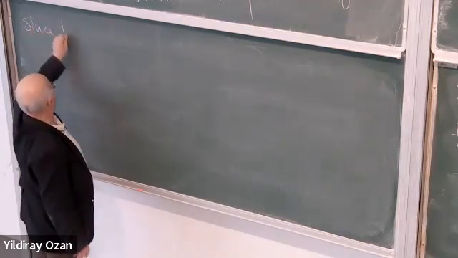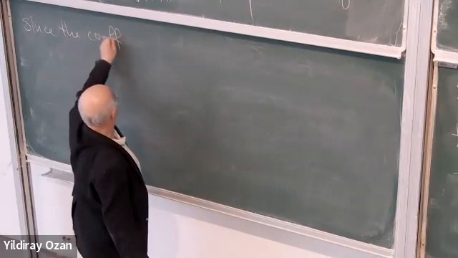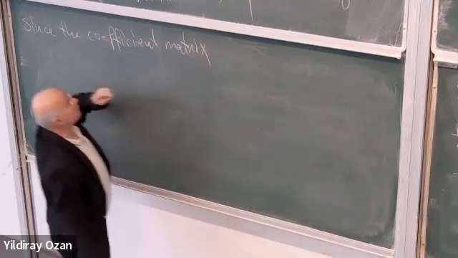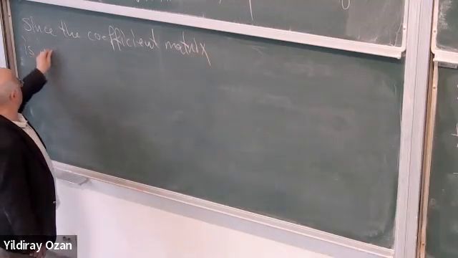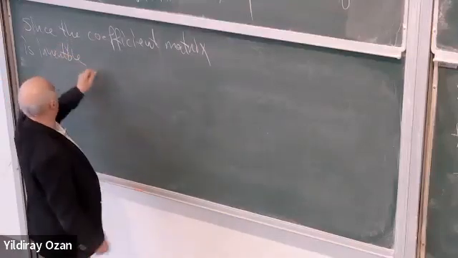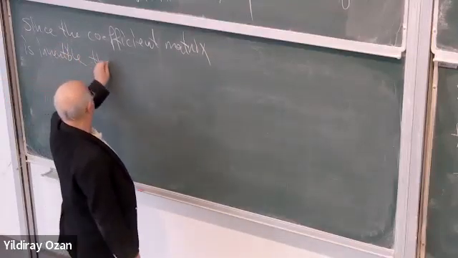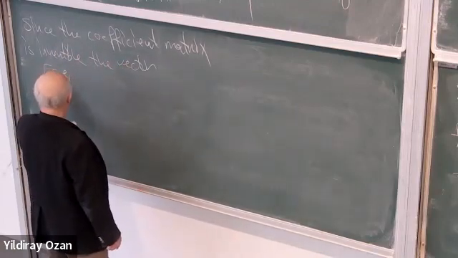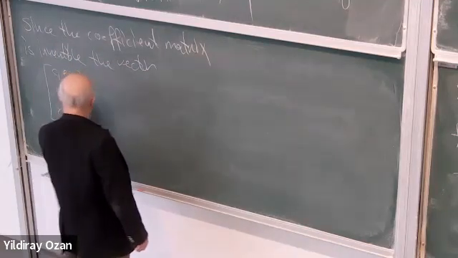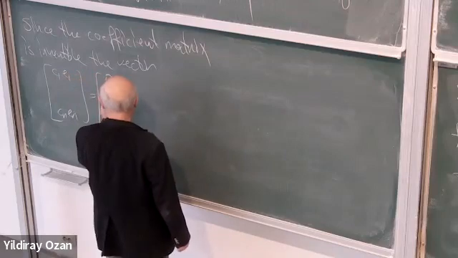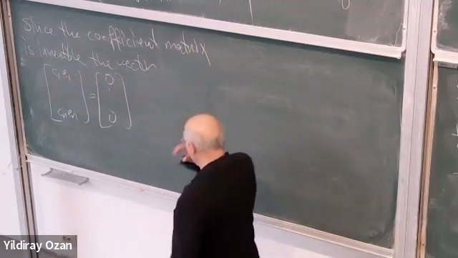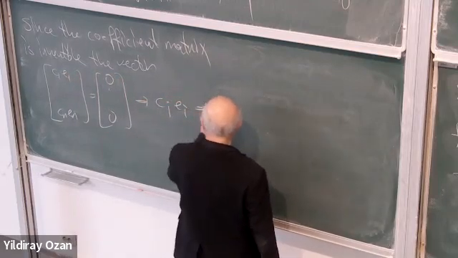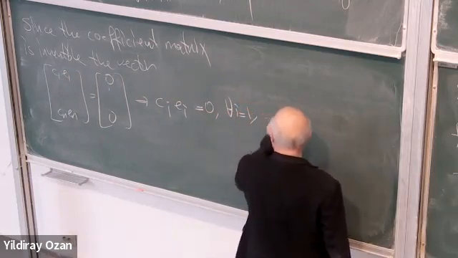Since the coefficient matrix is invertible, because it has a non-zero determinant, each vector, this vector C1 E1, ..., Cn En, should be 0, 0, 0. But this means what? This means Ci times Ei is 0, for i from 1 up to n.